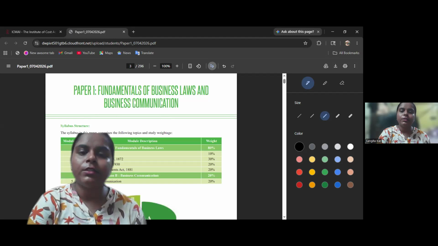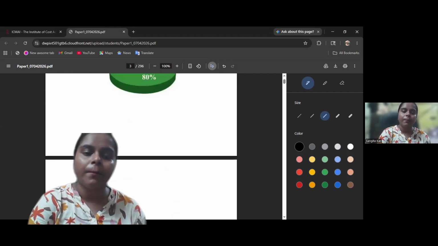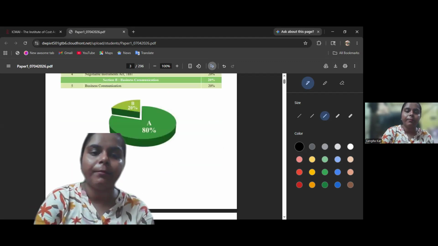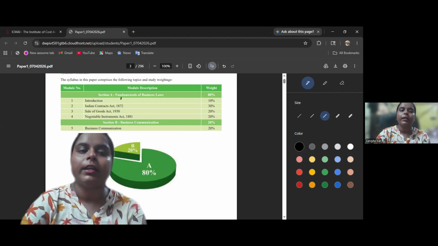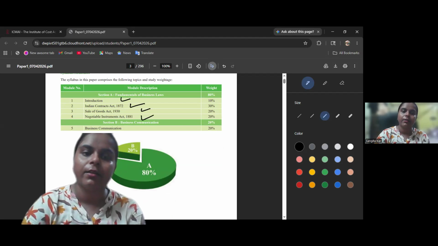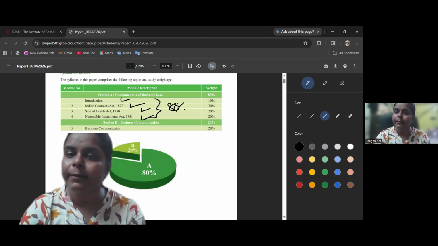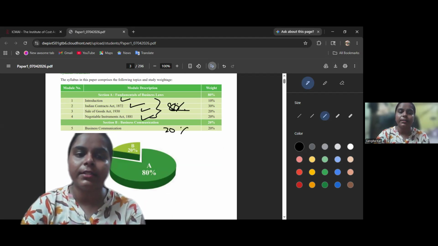At first, there is an introduction, and look at the marks weightage. The marks weightage covers the Indian Contract Act, Sales of Goods Act, and Negotiable Instruments Act. Together they carry 80% of marks, and 20% comes from business communication.